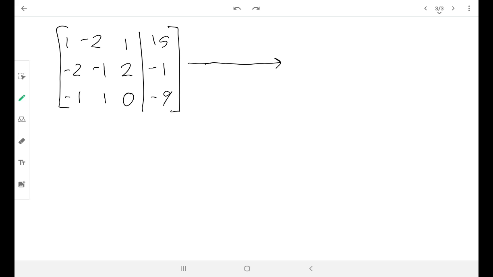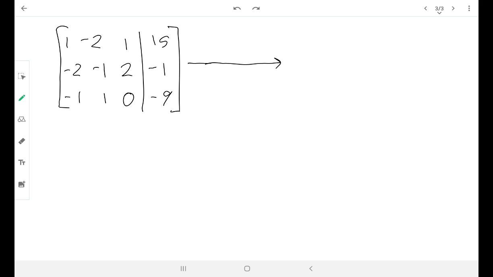What I'm going to do is get it into row echelon form first. So I'm going to concentrate on getting a 0 right there. Okay, I'm going to get rid of that so we can look at it a little bit easier, but that's the goal, to turn that -2 into a 0. And I'm going to do it the same way.